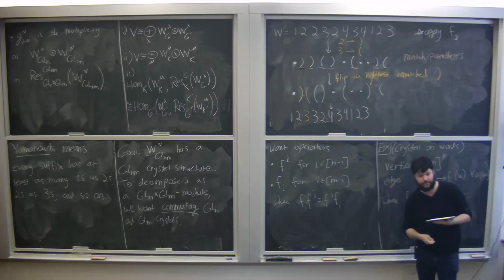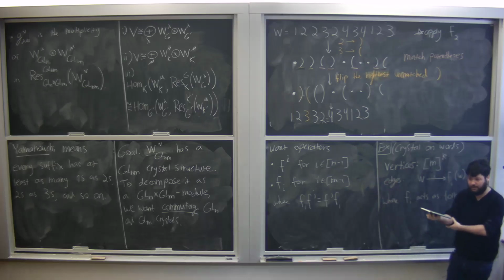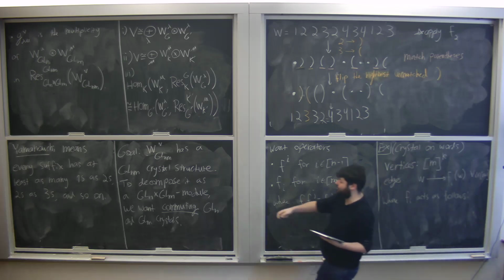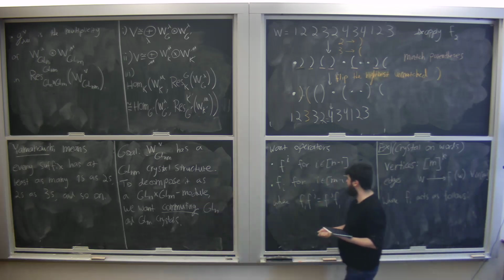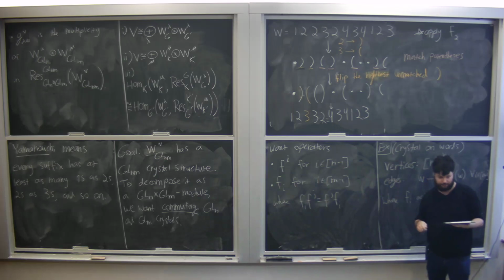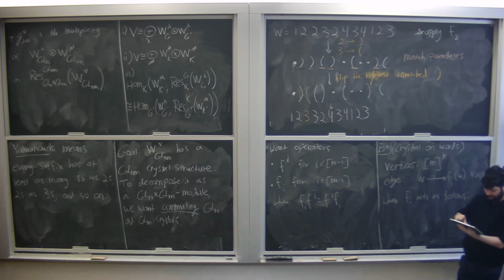These F sub i's are the crystal structure as a GLM module. And to decompose it as this GLN cross GLM module, we need these two things to commute with each other. Okay, and if we could do this, we could solve the problem.